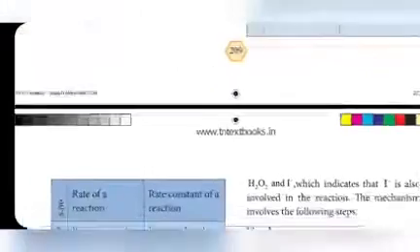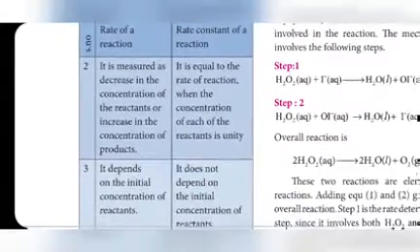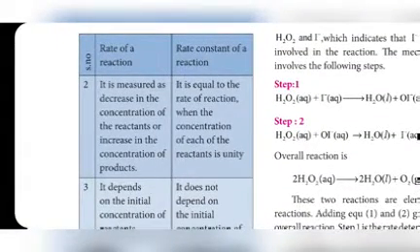Second point, it is measured as decrease in the concentration of reactant or increase in the concentration of product. Rate means speed. We can determine that rate in terms of reactant or product.